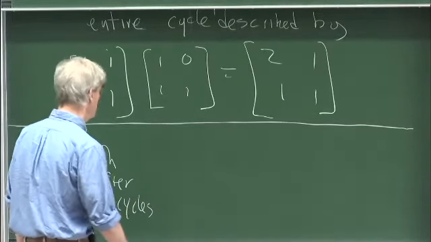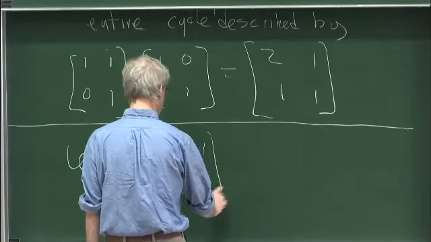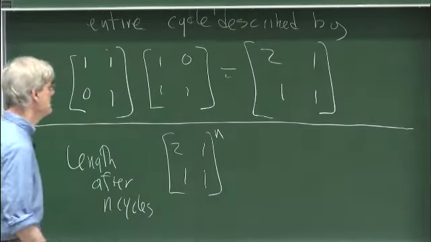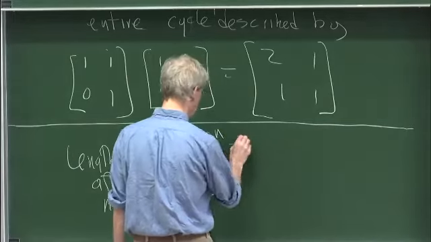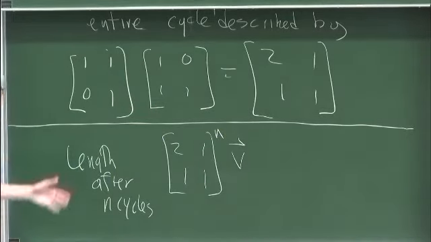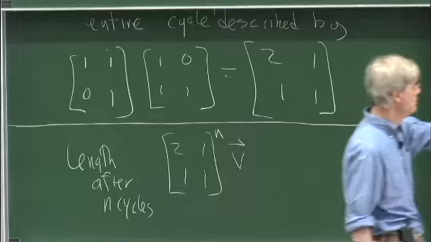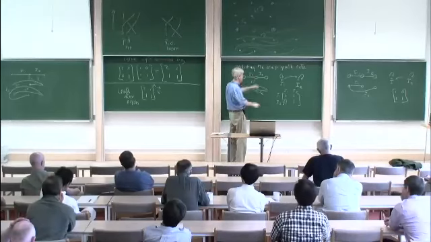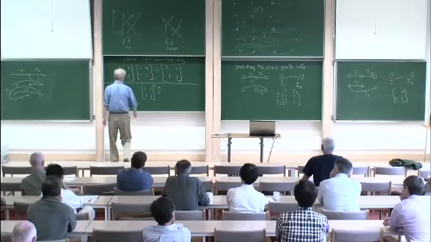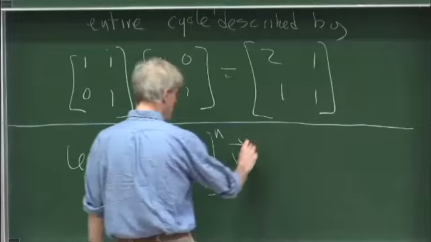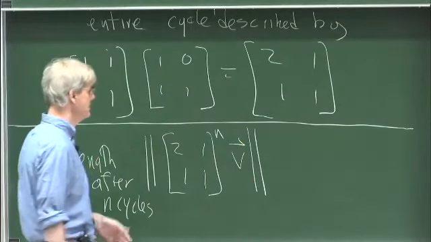Well, you take the matrix, raise it to the nth power, and let's multiply it times some vector v, say. So we want to have some initial vector. Let's say we start with this guy, which would be starting with 1, 0, and then we keep iterating it, and we want to know how long it gets. So in fact, we want to take a norm here. So that's the length of this. For example, a 1 norm.